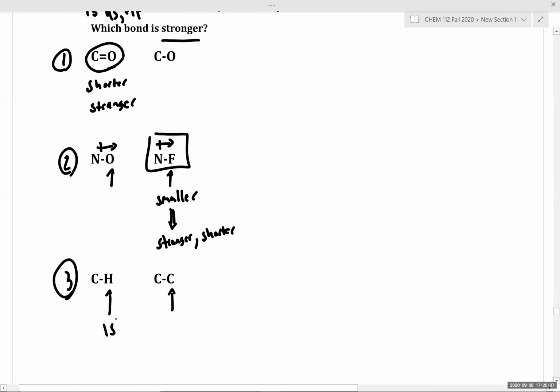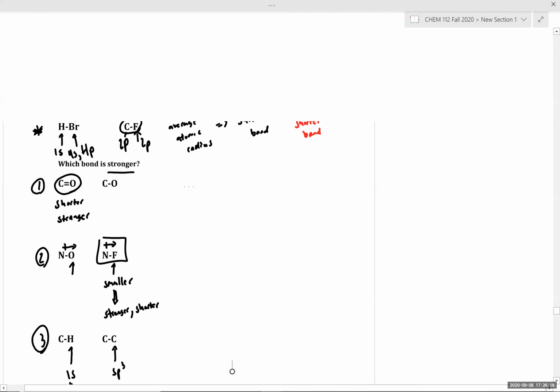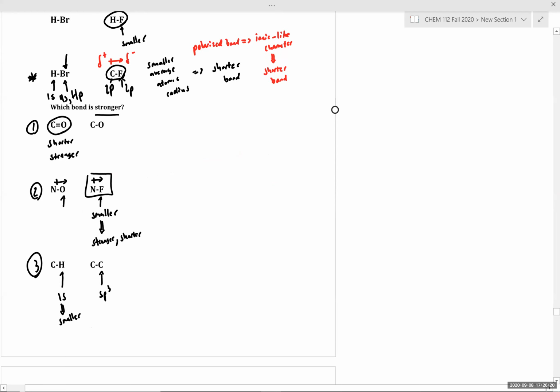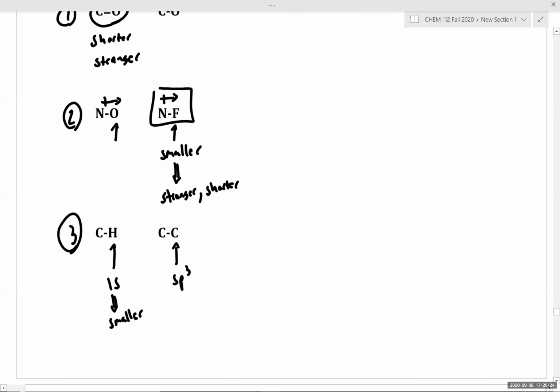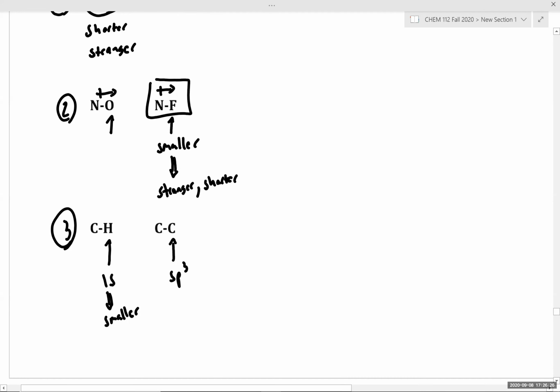So we're comparing a 1s to an sp3 orbital. This 1s orbital is smaller. Hydrogen overall is a smaller atom. And as a result, because hydrogen is smaller than carbon, we'd expect that the carbon-hydrogen bond would be shorter and stronger.